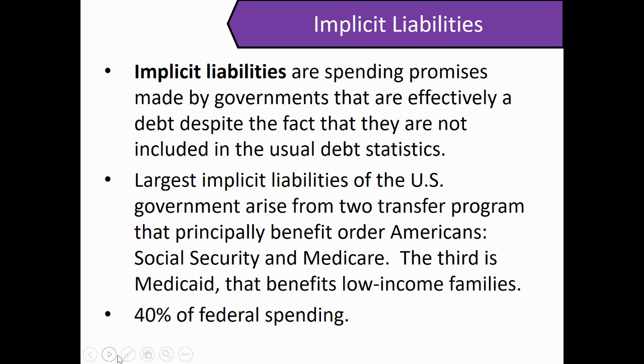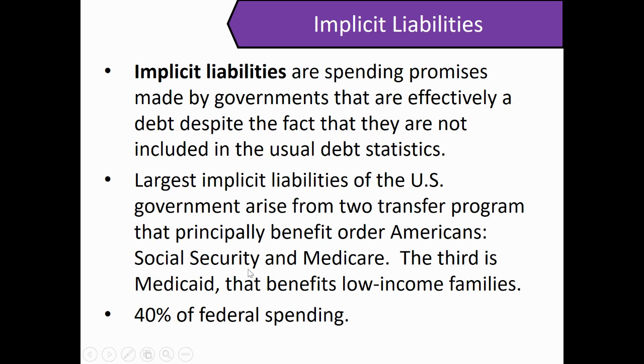these liabilities are spending promises made. When we think about our implicit liabilities, these are spending promises that are made by our government that are effectively a debt, despite the fact that we are not including them in our debt payments.